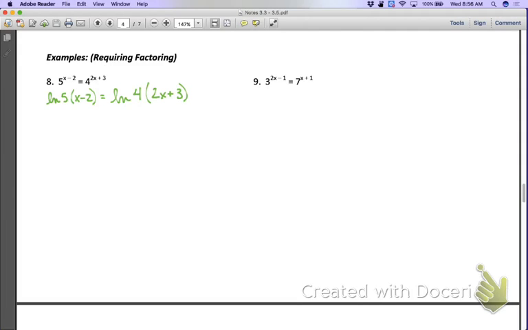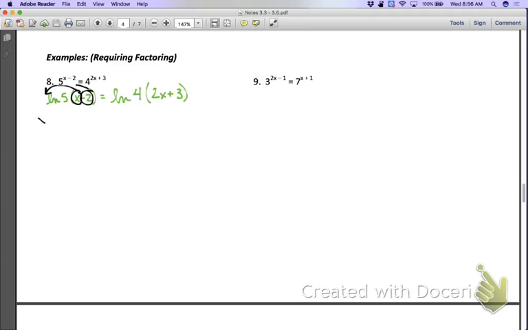The natural log of 5 is just a numerical value. The natural log of x times 5 is not a numerical value, because it has that variable. Now, what I would suggest is whenever I do this, I take whatever I have in here and put it in front.